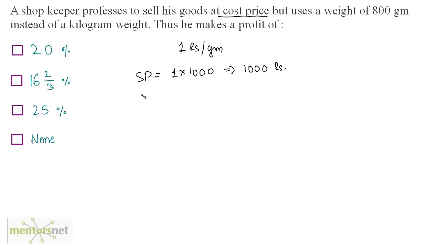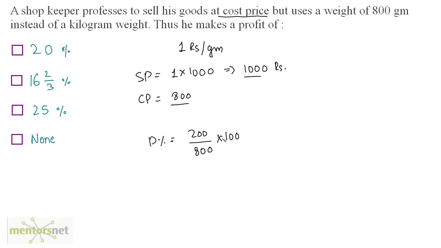Now the cost price: he uses the weight of 800 grams instead of a kilogram, so he gets the goods at 800 rupees. Cost price is less than the selling price, so he makes a profit. Profit percentage is profit, which is selling price minus cost price, 1000 minus 800 is 200, upon the cost price, which is 800, times 100.